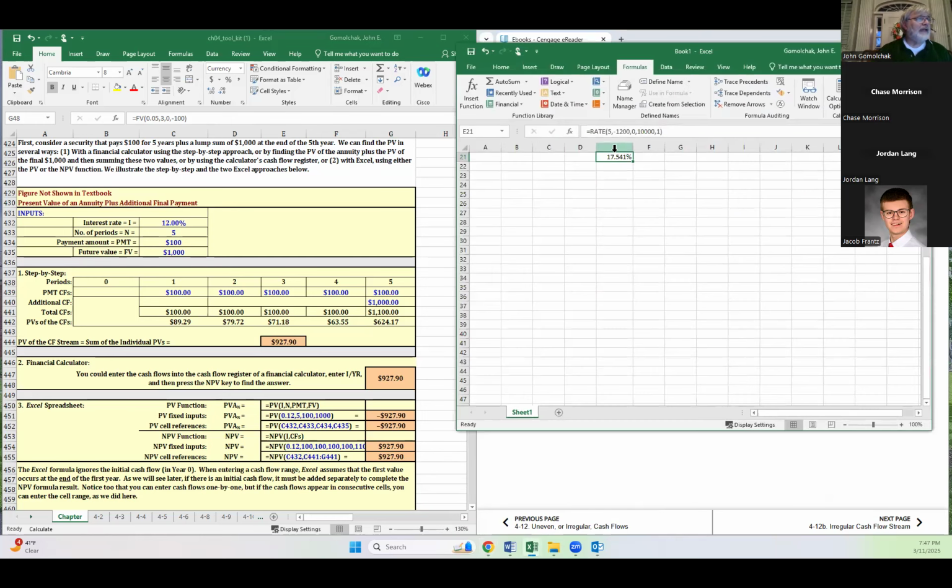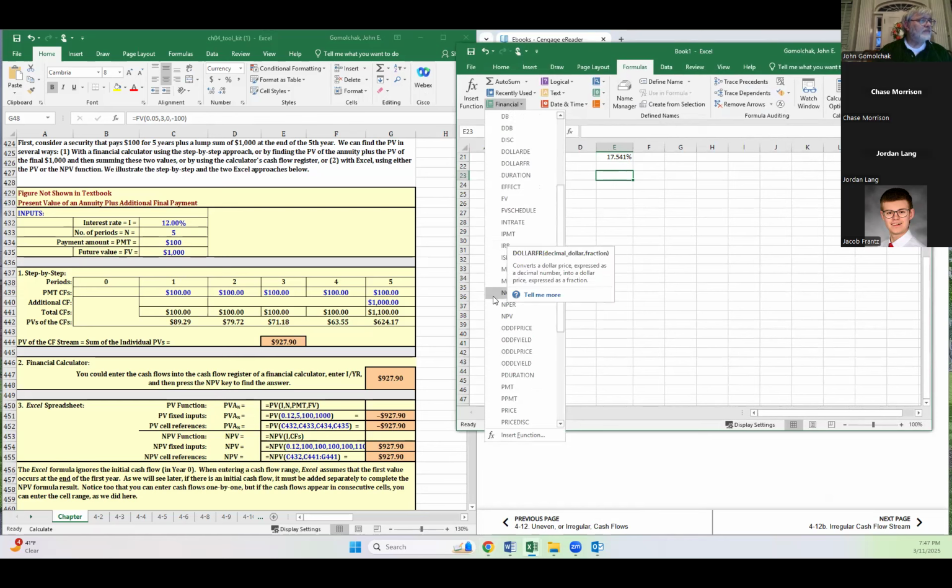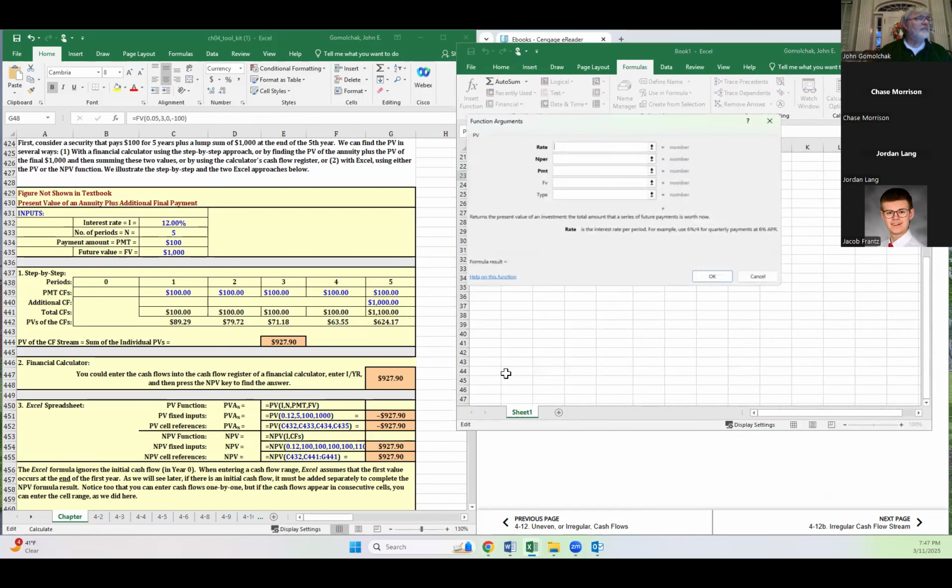All right, so we're going to use the present value function right here. Okay, what's our rate? We know we have a 12% rate. The number of periods is going to be 5. Payment is going to be $100. Should I make that a negative?